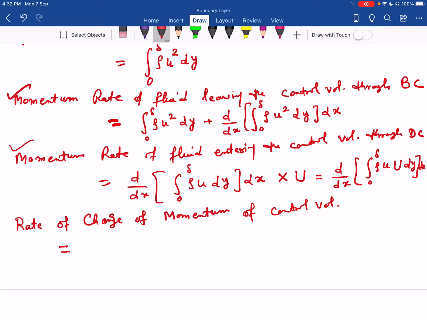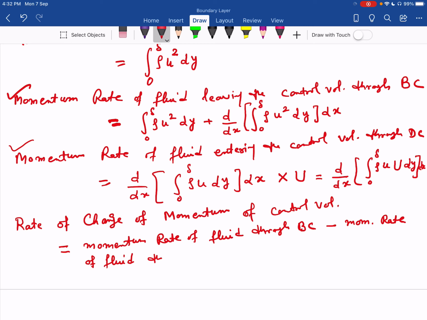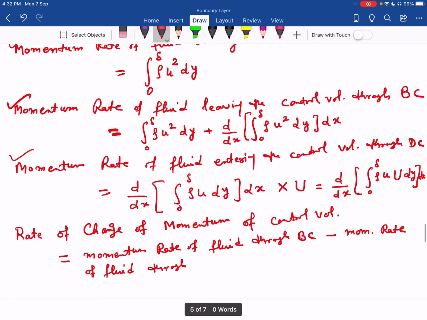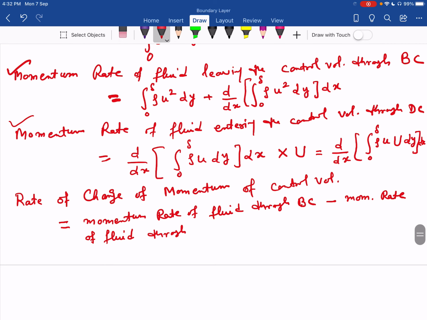So I can write it as momentum rate of fluid through BC, that is the leaving part, minus the entering part, momentum rate of fluid through AD, then again minus momentum rate of fluid through DC.